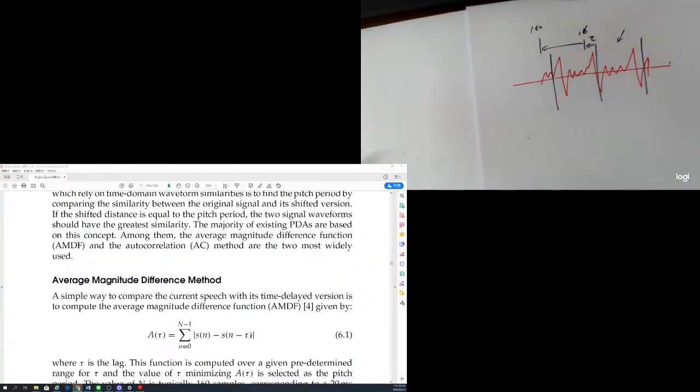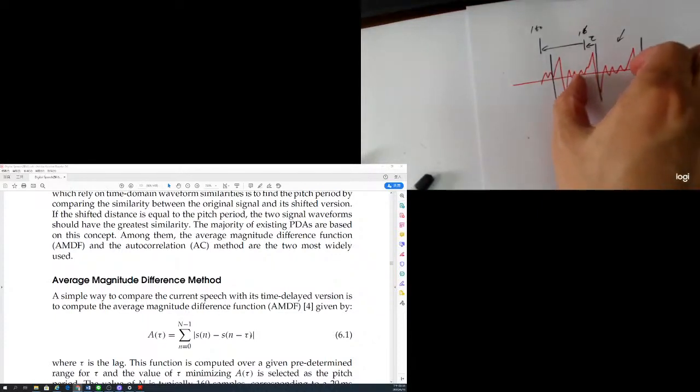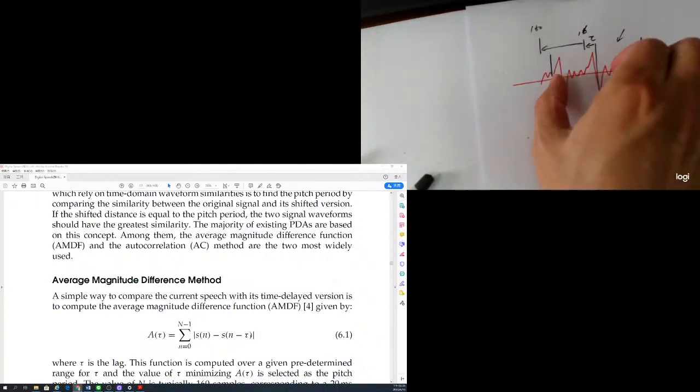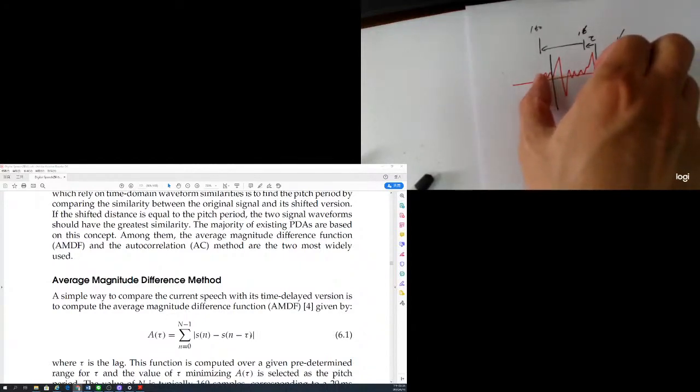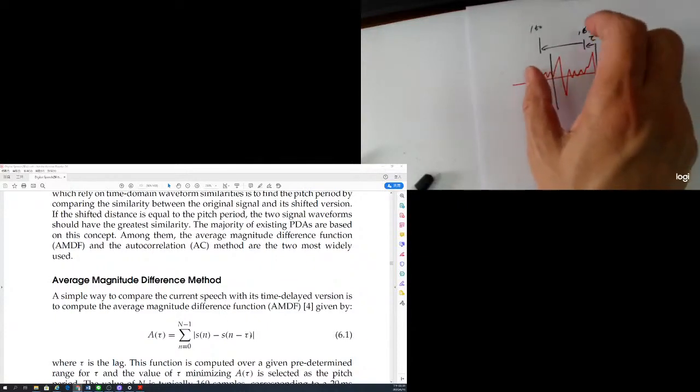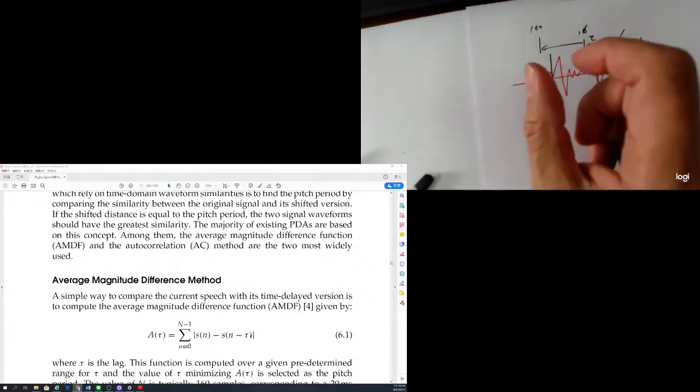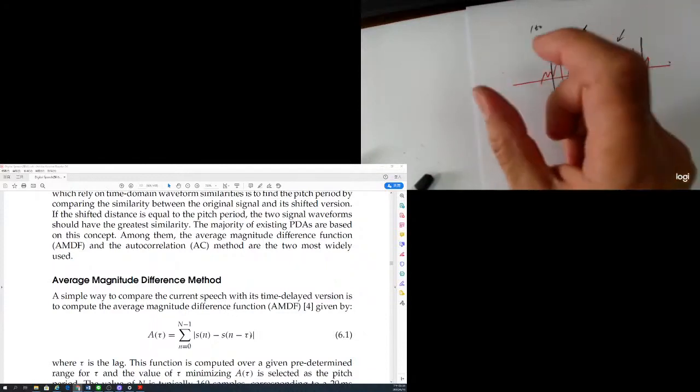We move the whole waveform, like here, point 17, 18, up to 116. According to human beings, what's the pitch range?